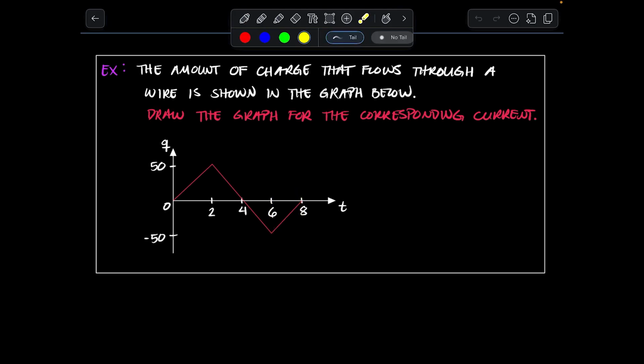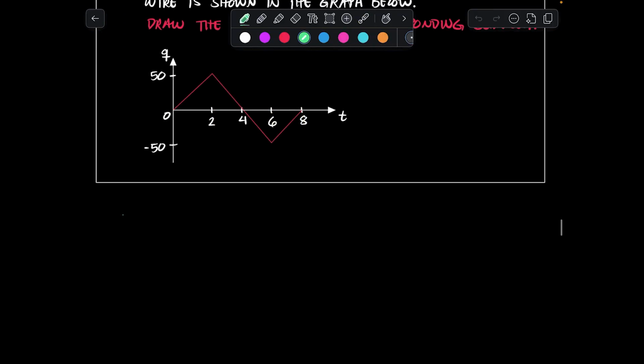So let's determine the different currents that are flowing through that wire in these 3 intervals. So let's start with when time is between 0 and 2.